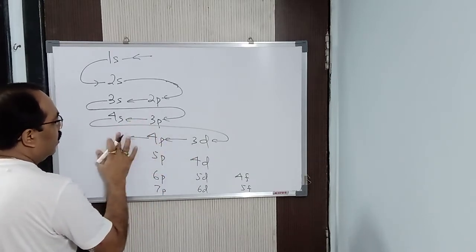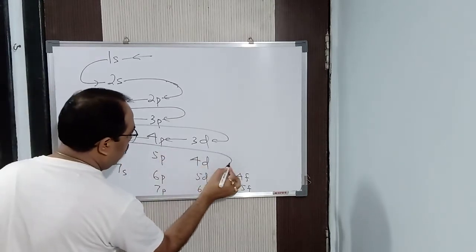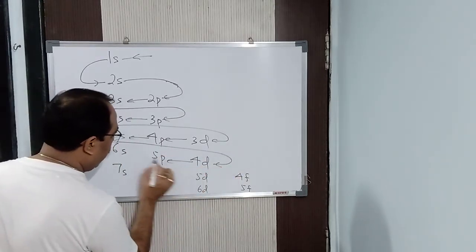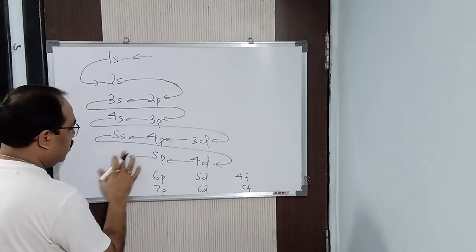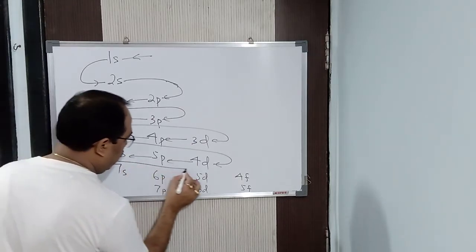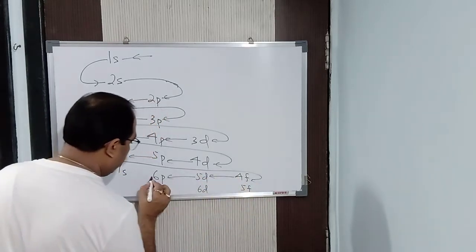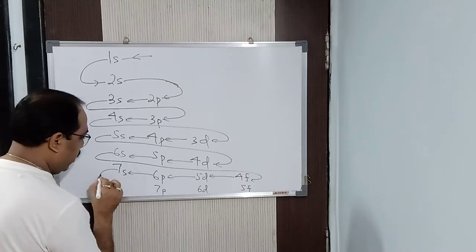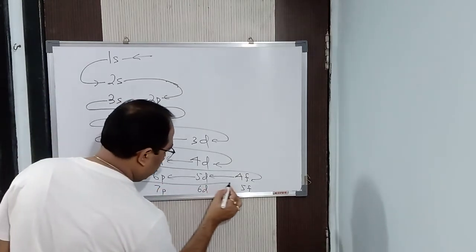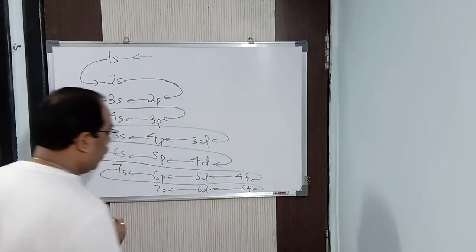Then 4p, then 5s, again from the middle, 4d, 5p, 6s. Then from the middle, 4f, 5d, 6p, 7s. Again from the middle, you land here.